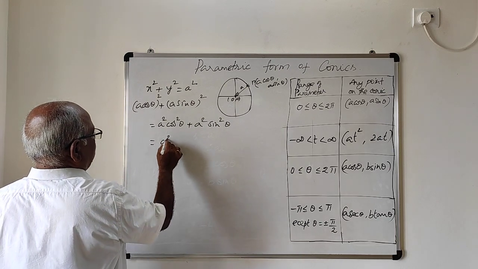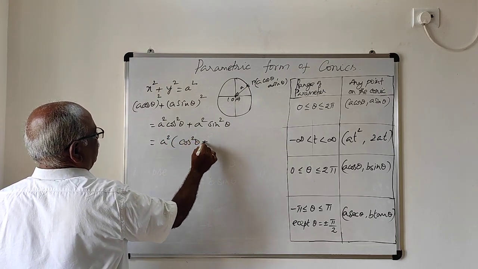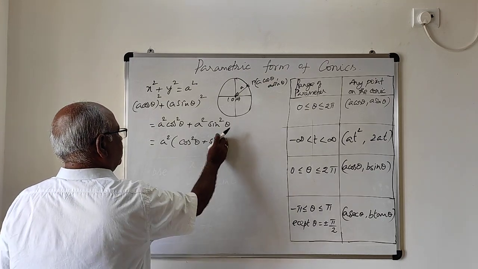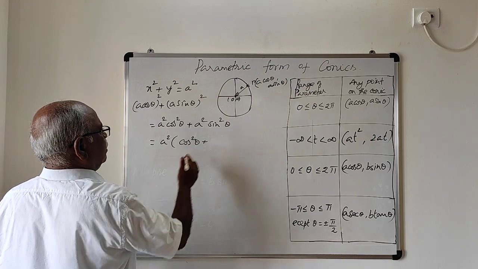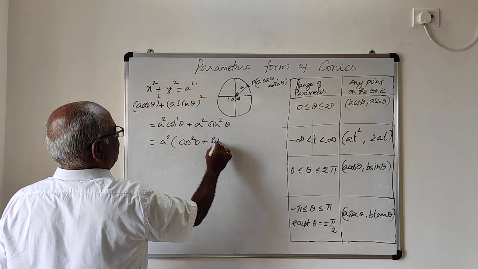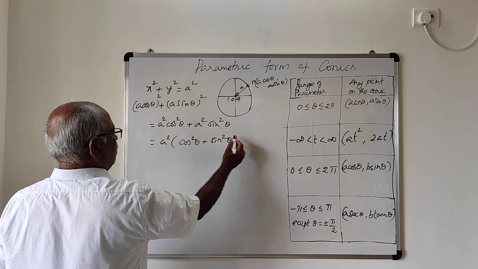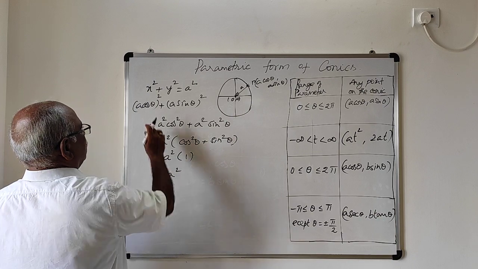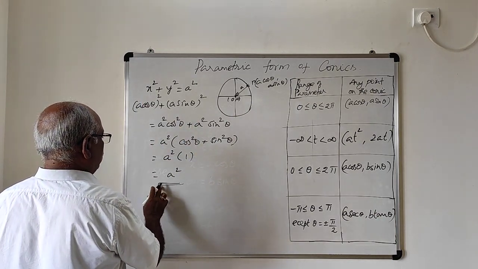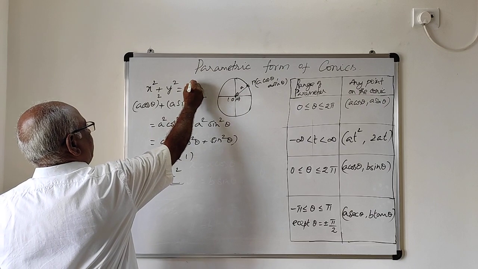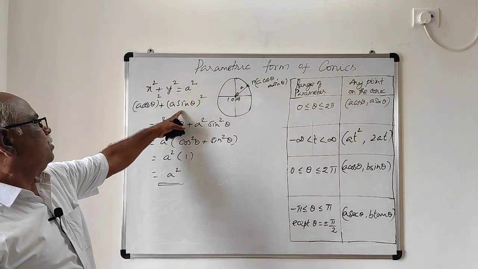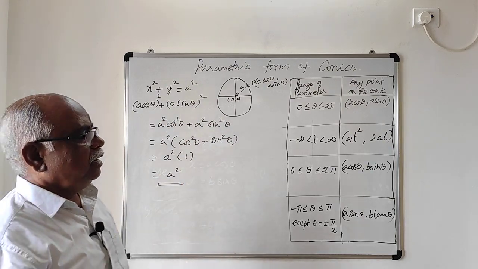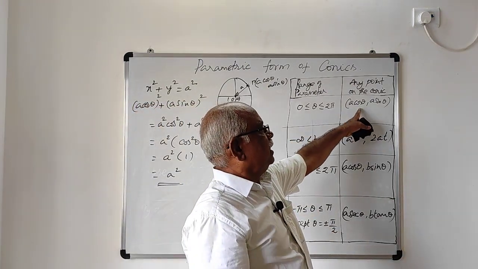If you take a square as common term, you will get cos square theta plus sin square theta, which by trigonometry is 1. So a square into 1 is a square. So x square plus y square is a square. We proved that. So like that, any point on the circle satisfies the equation.